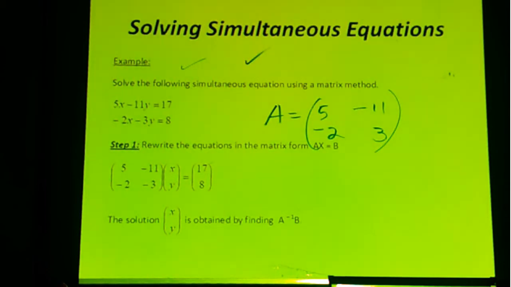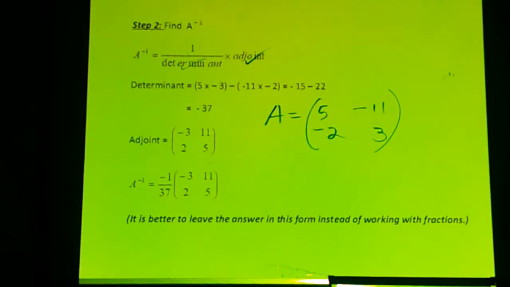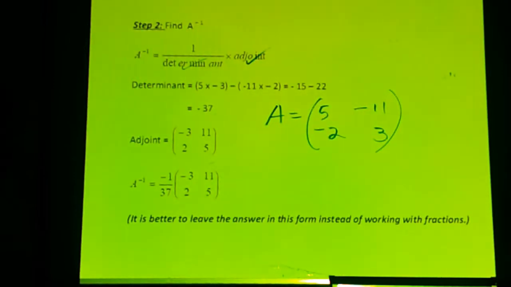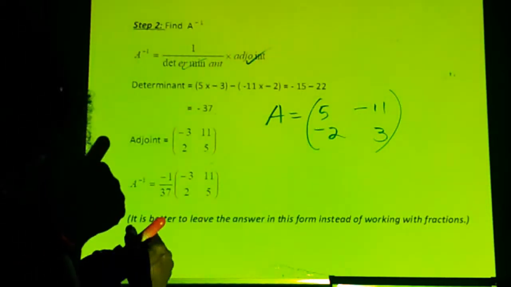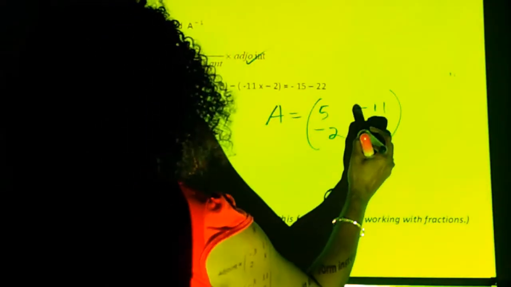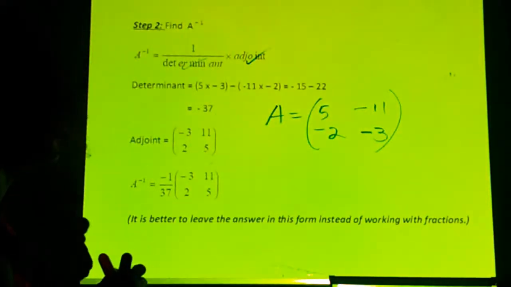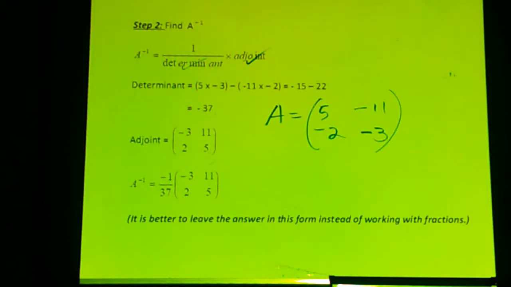Alright, so we have 5, negative 2, negative 11, 3. And I'm going back to 5, negative 2, negative 11, negative 3. So we missed off the negative 3, didn't we? Alright. Here we go. So we corrected that.